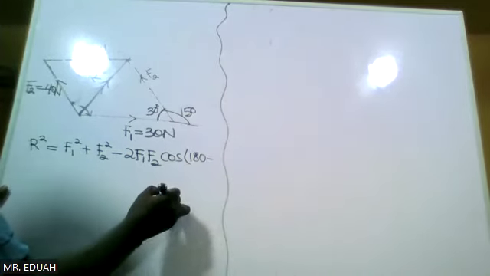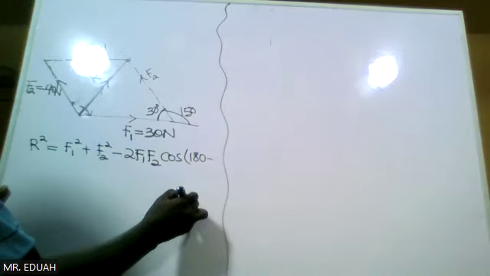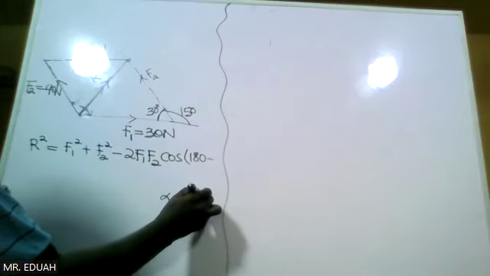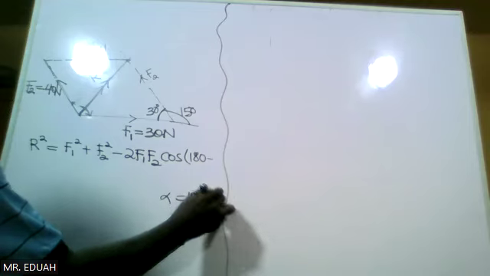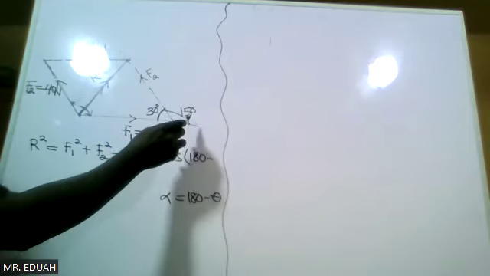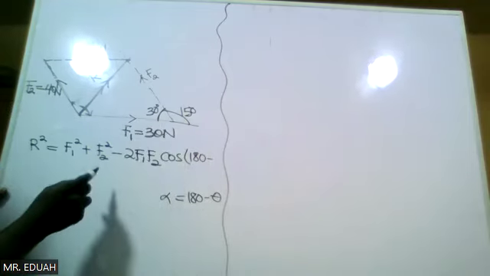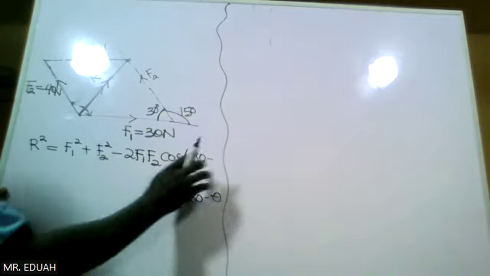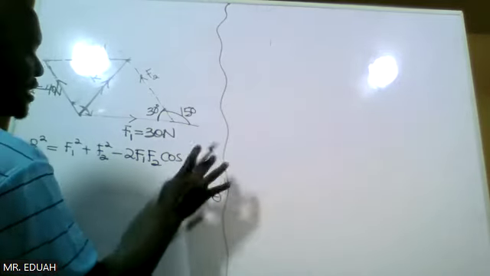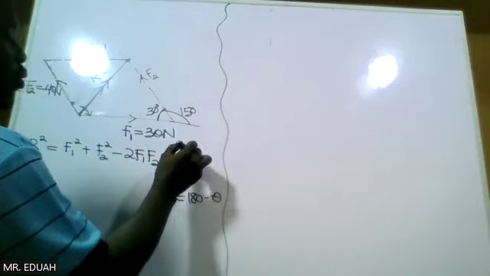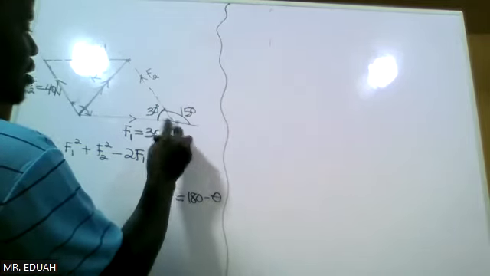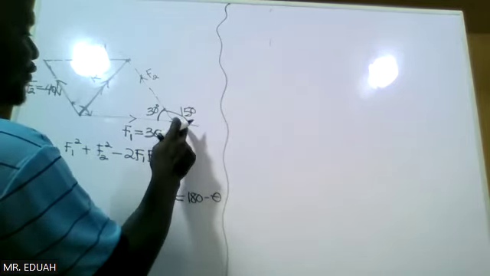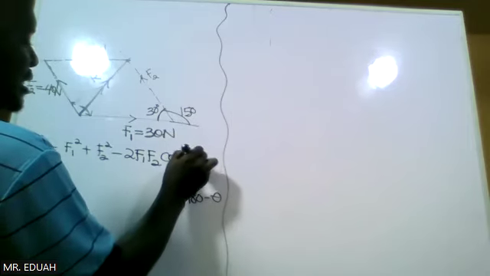Because if you recall, we got alpha to be equal to 180 minus theta. So once theta is 150, then this will also be 180 minus 180 minus 150, which is 30.